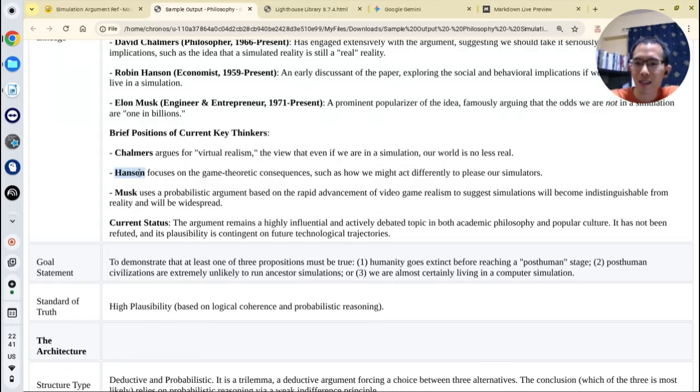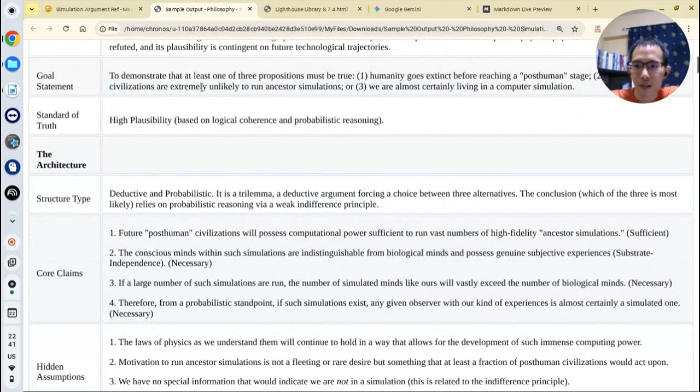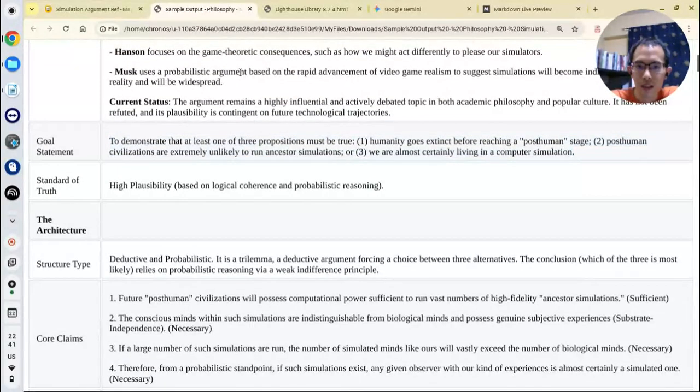So it situates the argument where it stands in the context of human thought, tells you what is the standard for truth, what is the goal of the argument. So remember what the hypothesis is: either you go extinct before you reach the ability to create simulations of consciousness, or you don't want to create simulations of consciousness, or you live in a simulation.